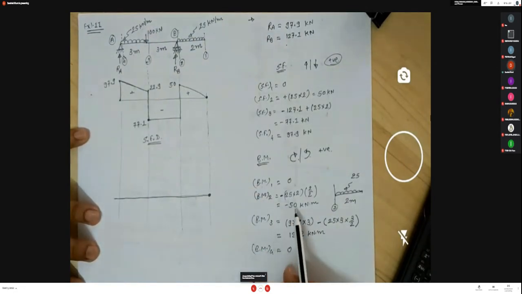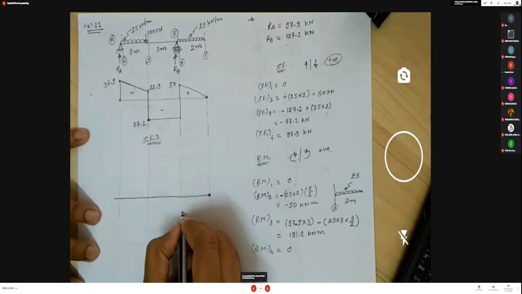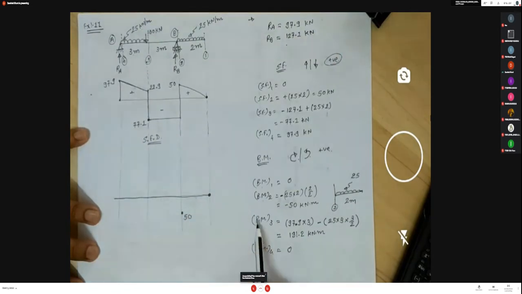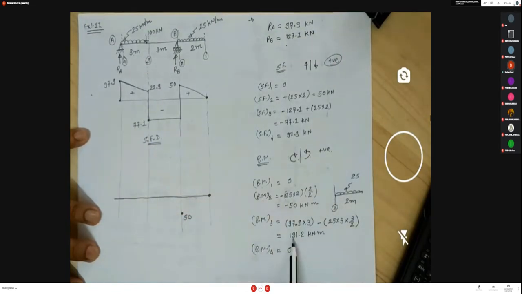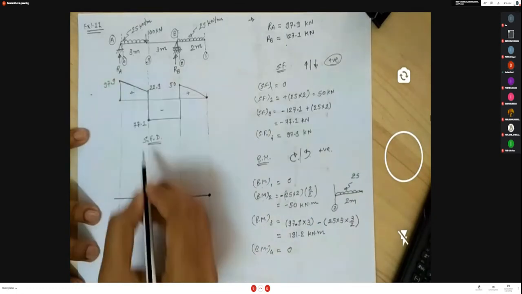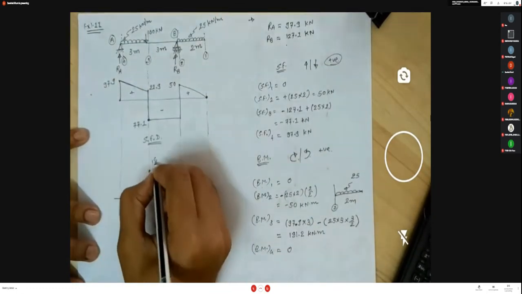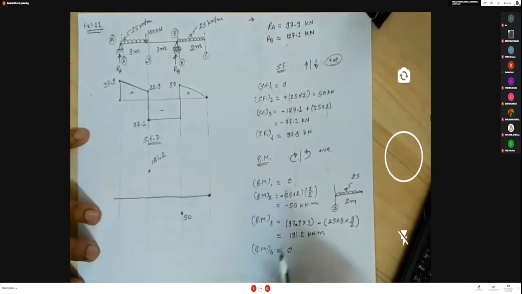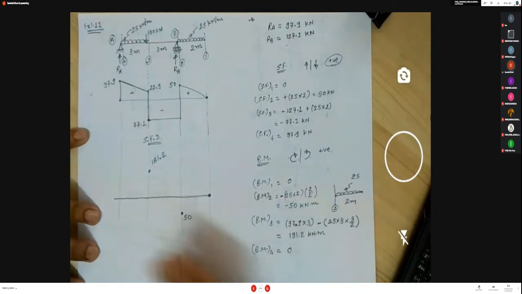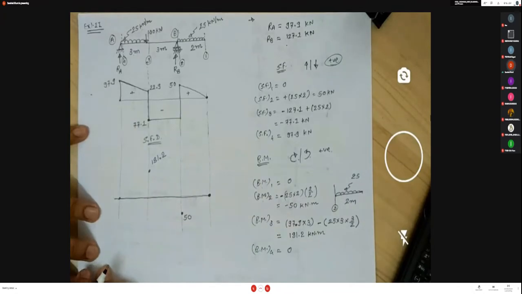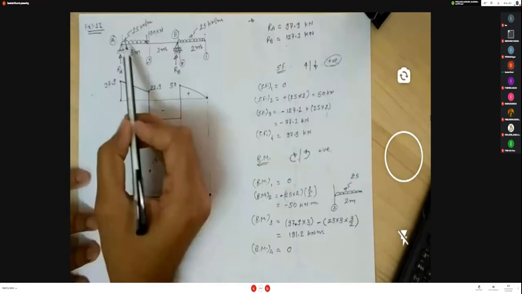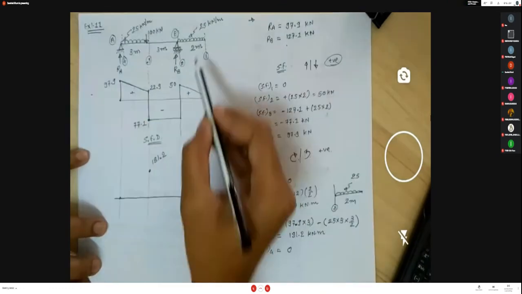Bending moment at 2 is minus 50, means here minus 50. Bending moment at 3 is plus 181.2, so section 3 here. And bending moment at 4 is 0 here. Now you have to connect these different sections according to the loading conditions.